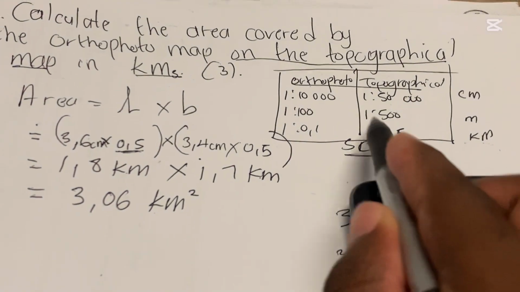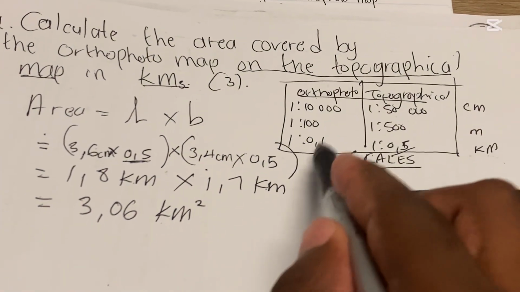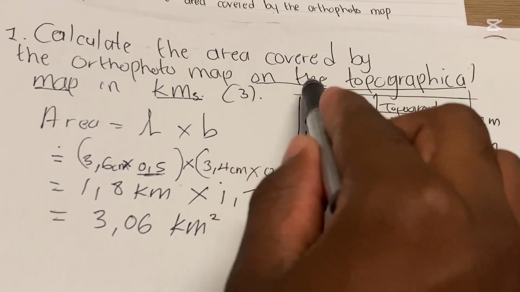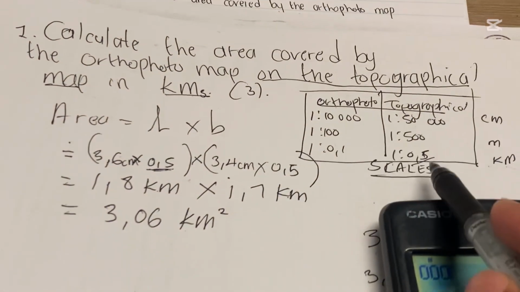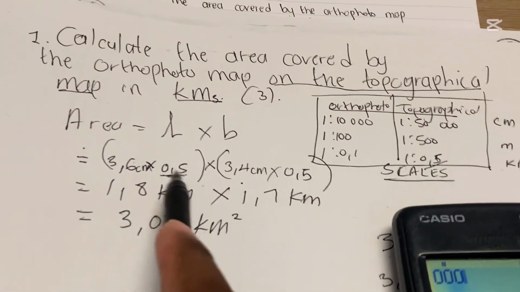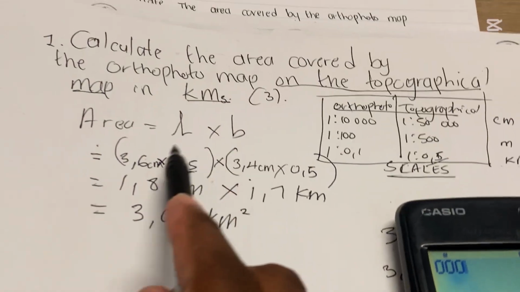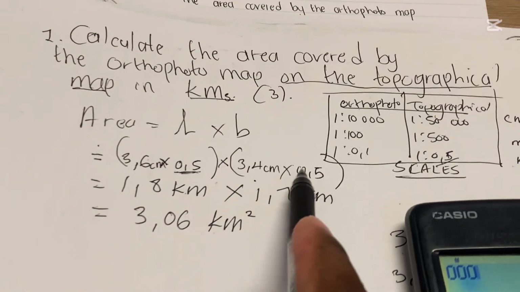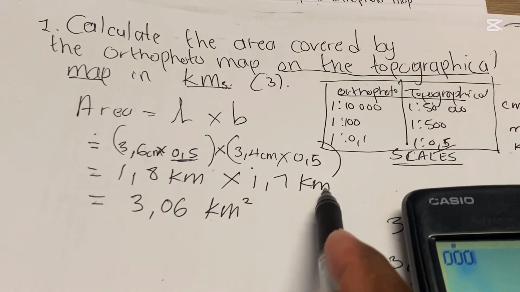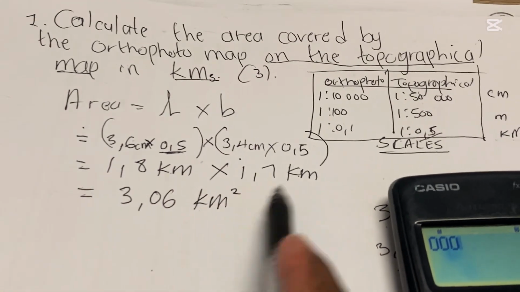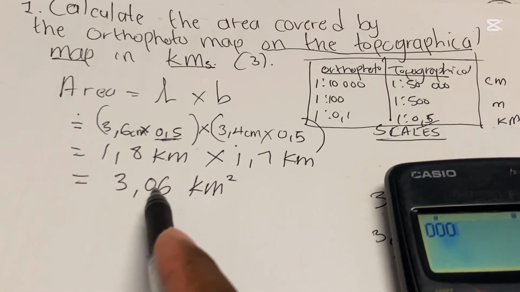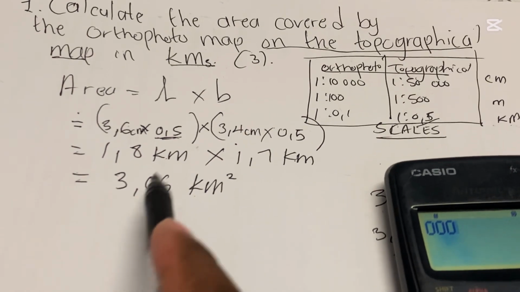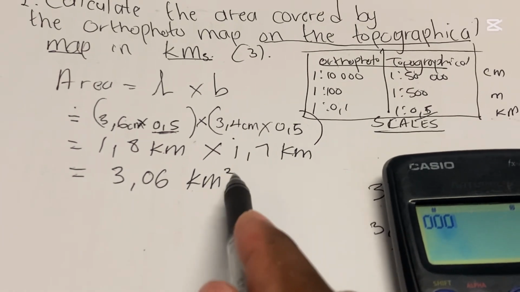If I was working with orthophoto, it was going to be times 0,1, but I'm working on the topographical map, so it was times 0.5. Same goes for my breadth. I multiplied these two, I had 1,8 kilometers. I multiplied these two, I had 1.7 kilometers, and then multiplied both to get 3,06 kilometer squared. Units are very important.